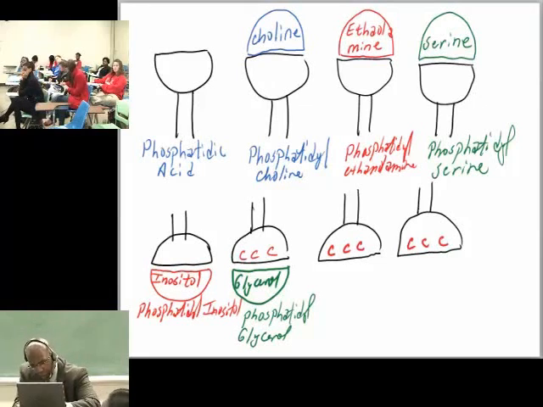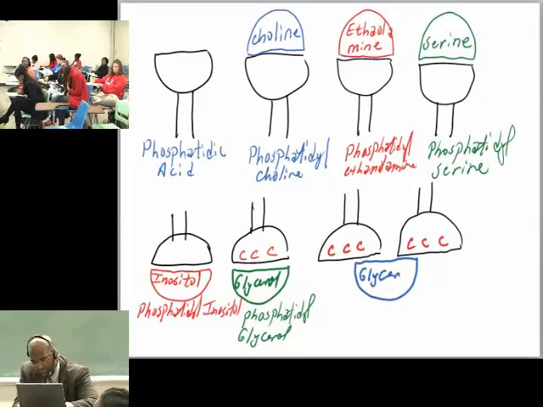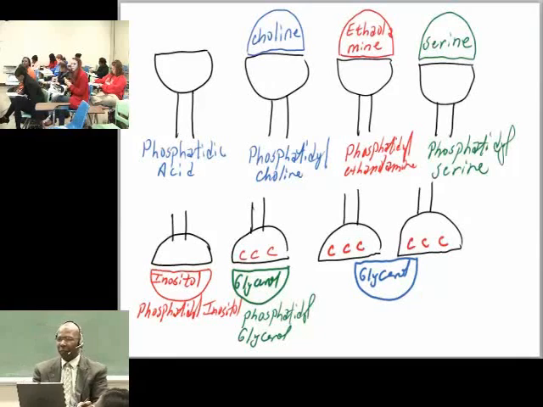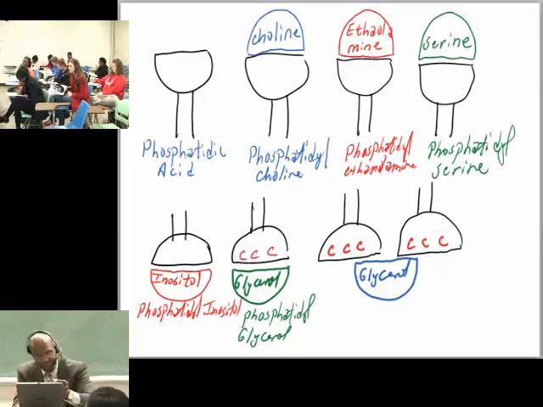The head group is going to be going across 2 phosphatidic acids, and it's going to be glycerol also. Wow. So now, what are we going to call this? Diphosphatidylglycerol. Exactly. Wow, I didn't think you all would get that one. You all have impressed me.